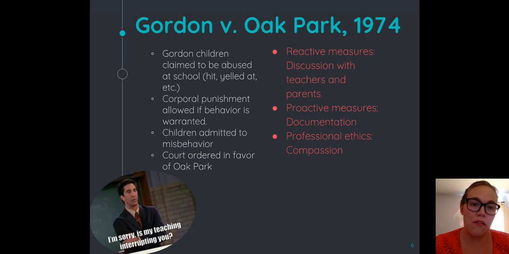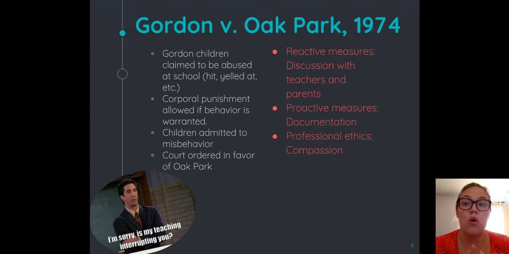And I think given the fact that this case was in 1974, there was a lot more control and corporal punishment measures probably put into place in schools, such as spanking and things like that. But in today's society, I think you would need to have more of a discussion with teachers and parents as a reactive situation.